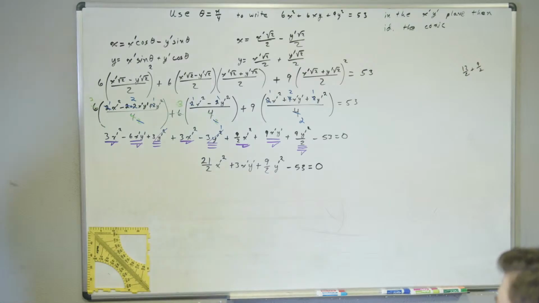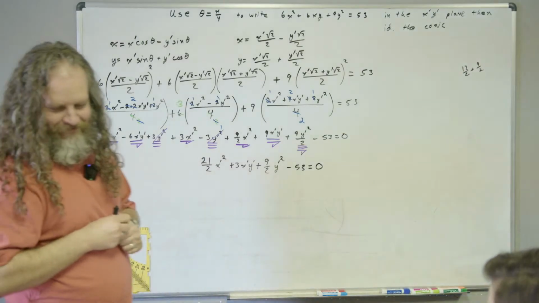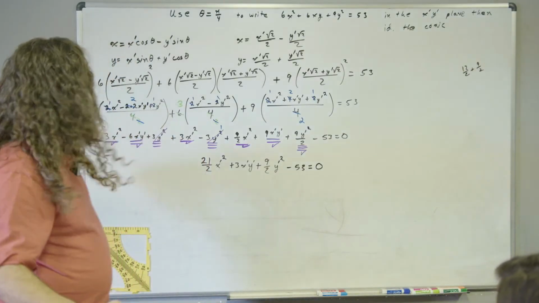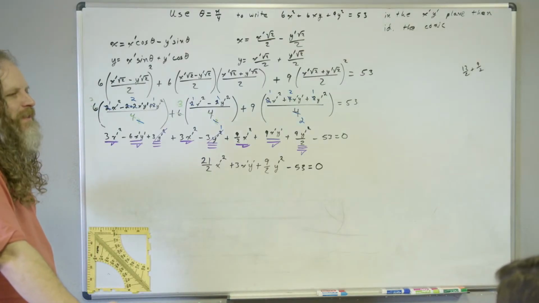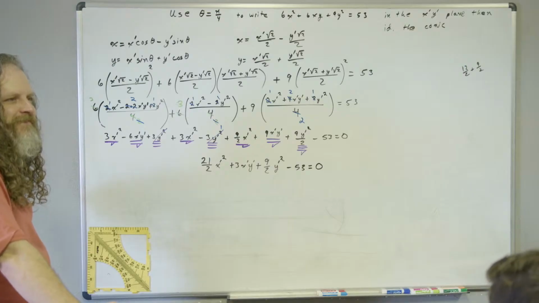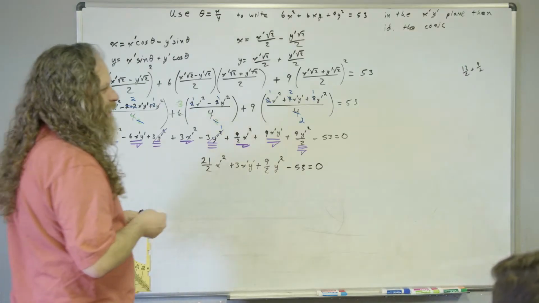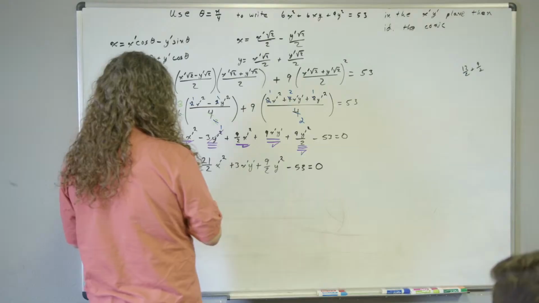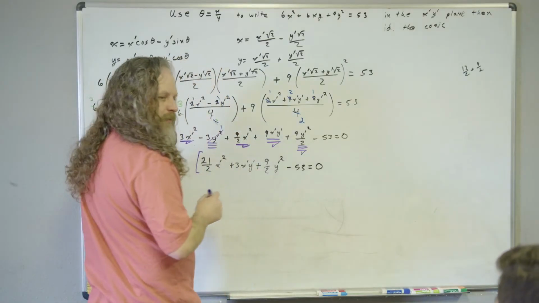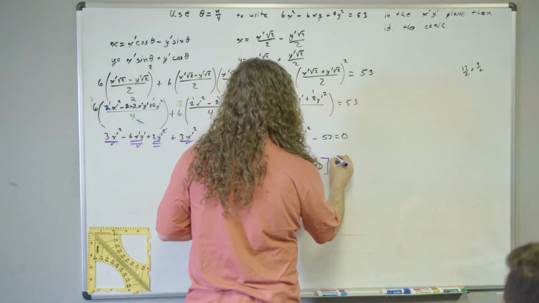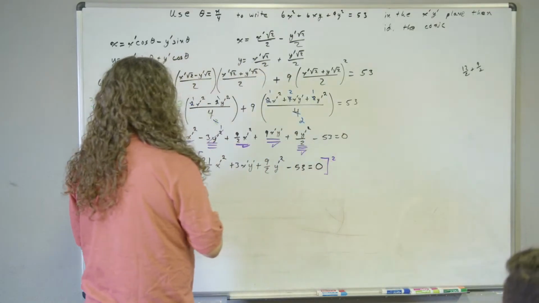What should we do now? Factor? No, we need to find what type it is. I think we should multiply everything by 2 to get rid of those fractions. Then we get 21, 6, 9, and 106.